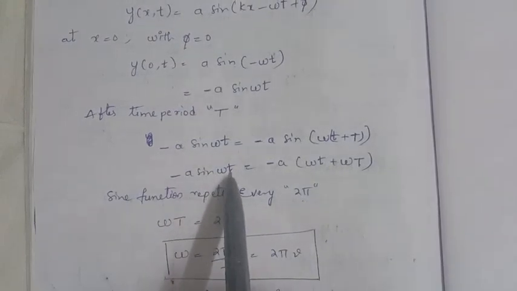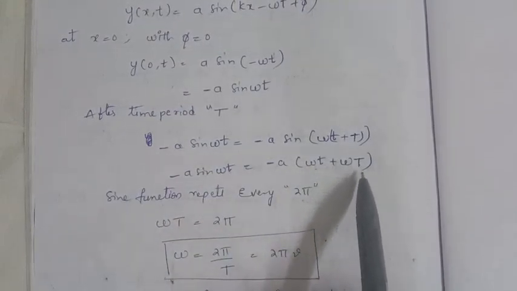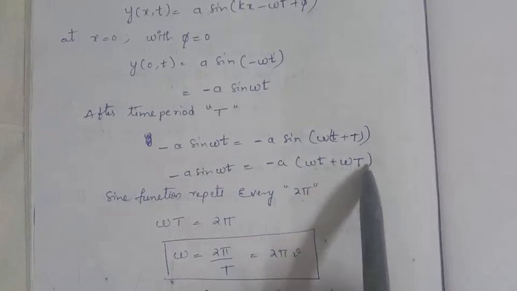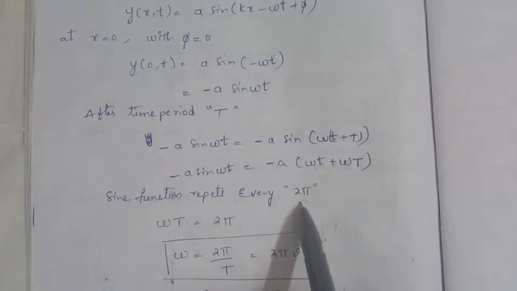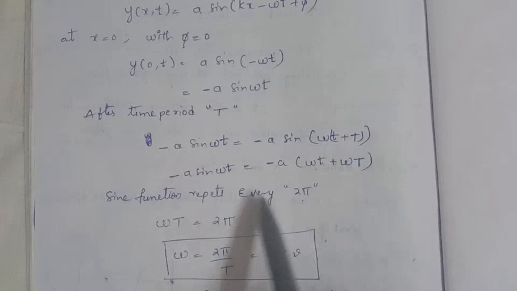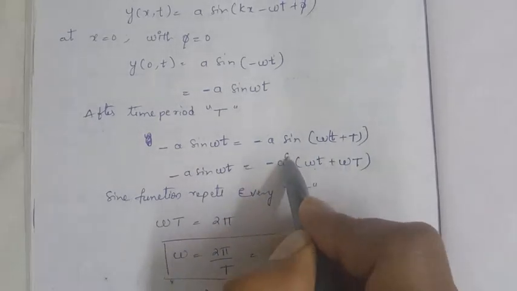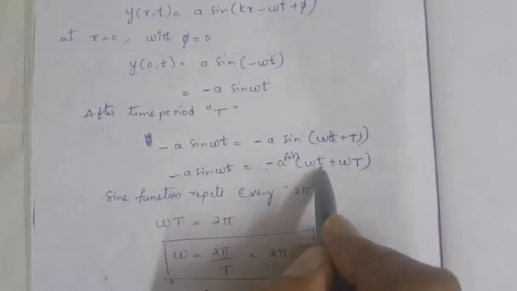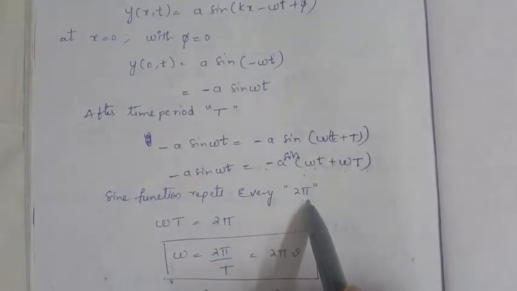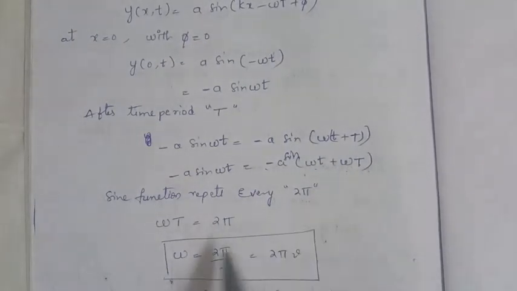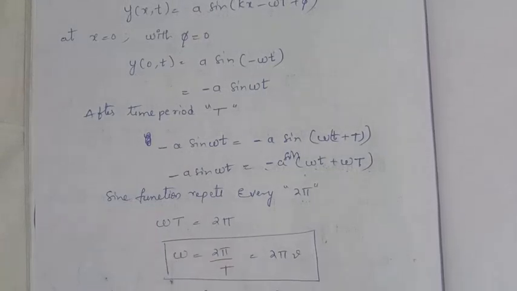So omega T must be equal to 2 pi, because the sine function repeats. So 2 pi is equal to omega T, and omega is equal to 2 pi by T.